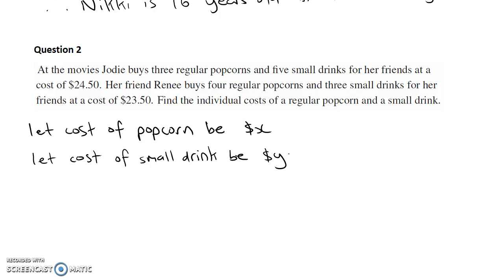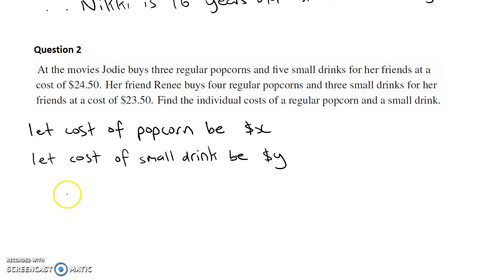Our next step is to write down two equations from the information that we've been given. So let's look at Jody first. Jody buys 3 regular popcorns and 5 small drinks for her friends at a cost of $24.50. If we've let one popcorn be X dollars, 3 popcorns will be 3X.